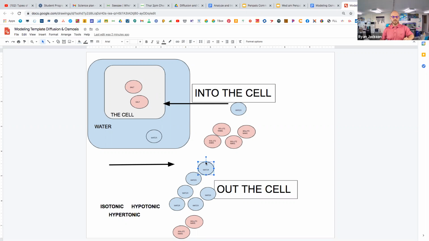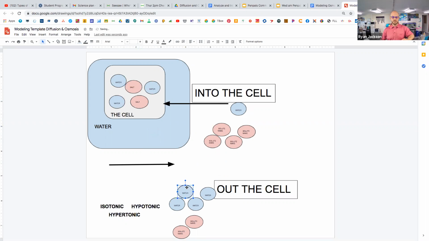So if water goes into the cell, you need to get this double arrow right here, and then you can move it into there. If water's going into the cell, I need to put a bunch of water molecules into the cell for my model. So all the water is then going to go into it.